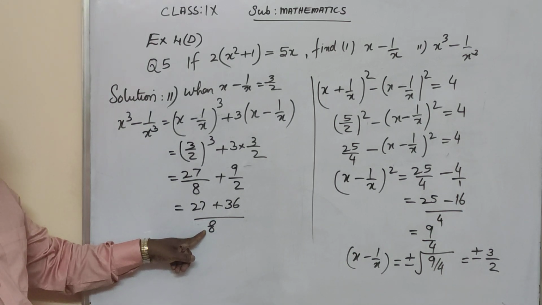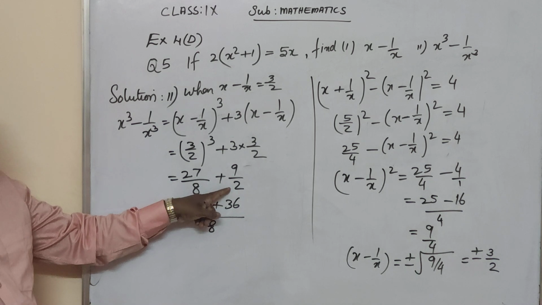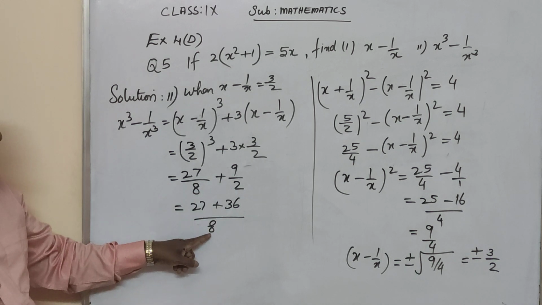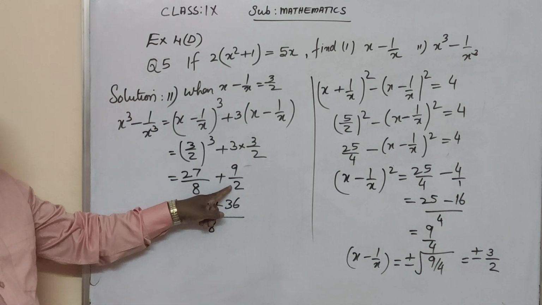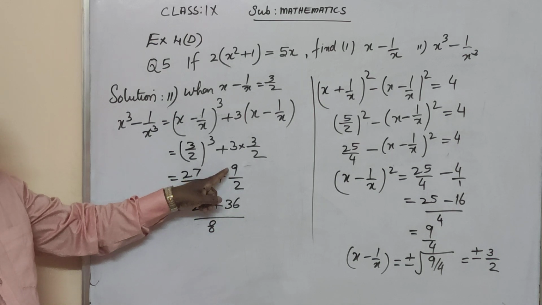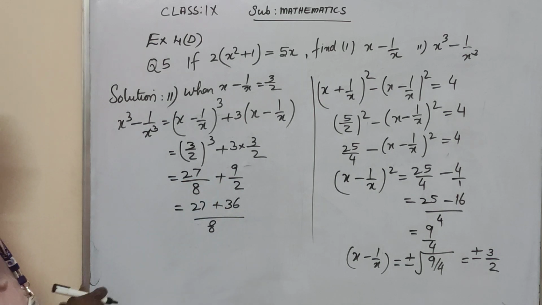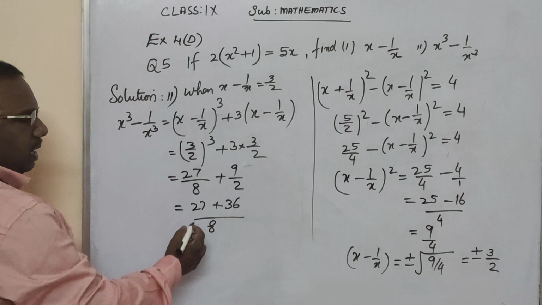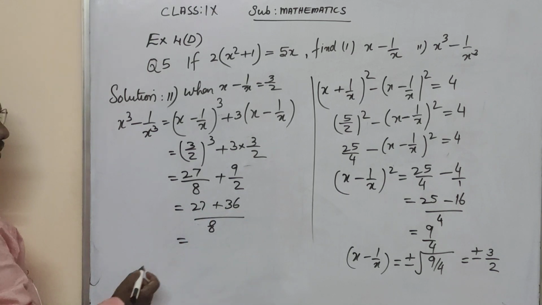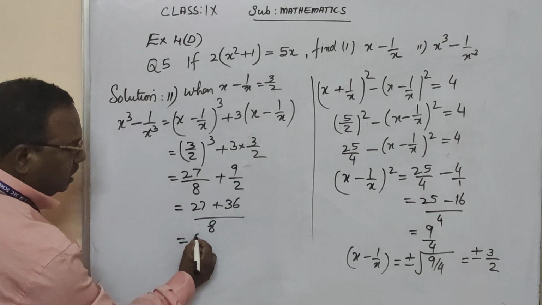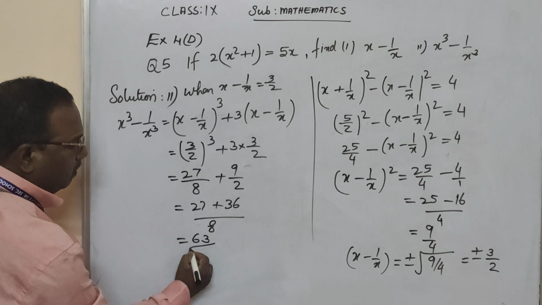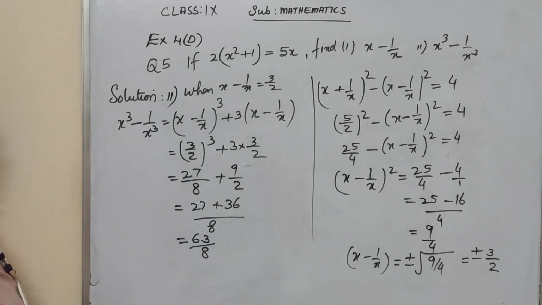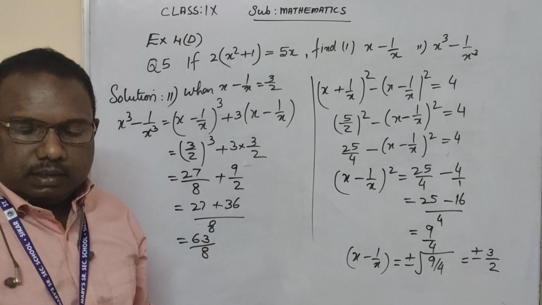Divide this LCM 8 by this denominator 2, that is 8 by 2 is 4. Then 4 into 9 is 36. Then let us add this. After adding, we get 63 by 8.